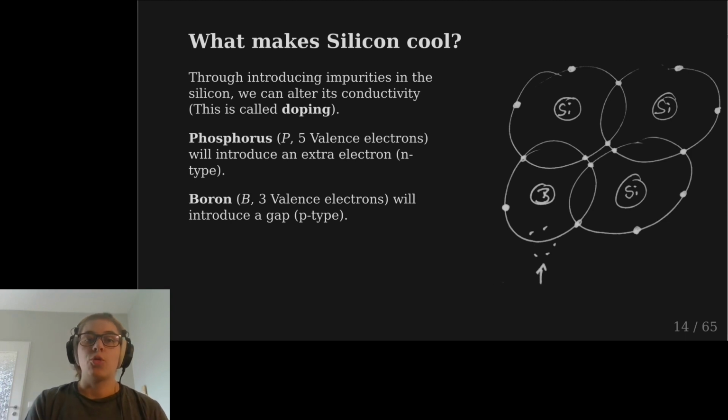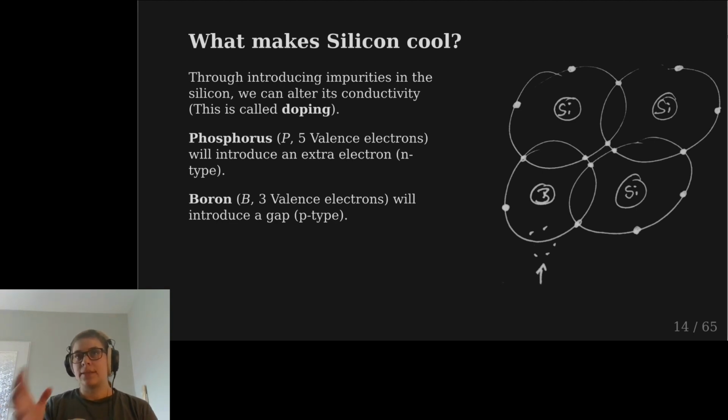But you could also dope silicon with boron, which only has 3 valence electrons in its outer shell, which introduces a gap. This is called p-type, because p is for this basically positively charged gap. Imagine the gap moving around, a little hole moving where an electron could sit.